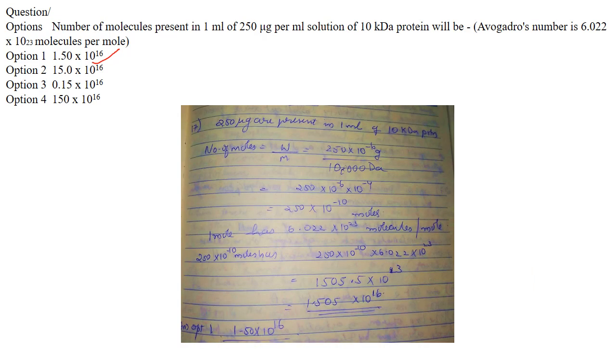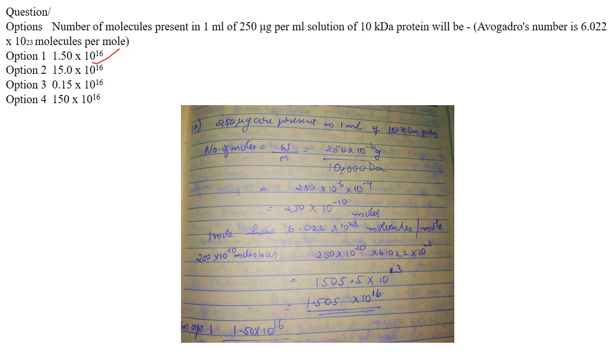Then the number of molecules present in 1 ml of 250 microgram per ml solution of a 10 kDa protein will be. They have given Avogadro number also. So 250 micrograms are present in 1 ml of 10 kDa protein. So the number of moles is weight by molecular weight. So 250 into 10 raised to minus 6 grams divided by 10000 Daltons.